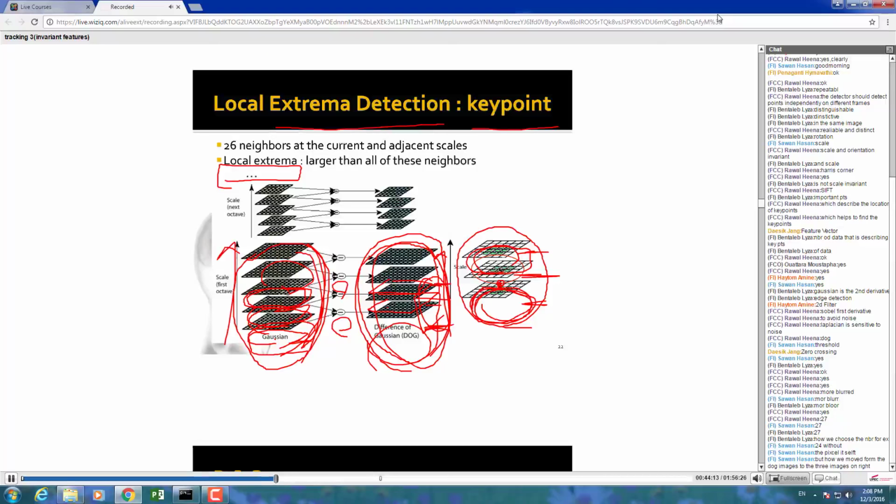Once it's done, then we are moving up. So it means, let me change the color. Blue, okay. It means we are selecting from second, third, and fourth.